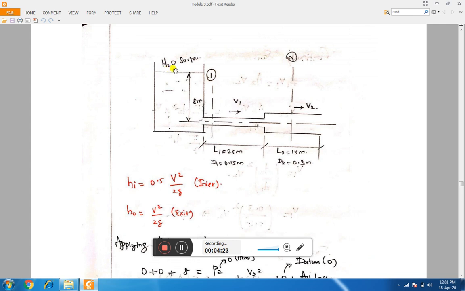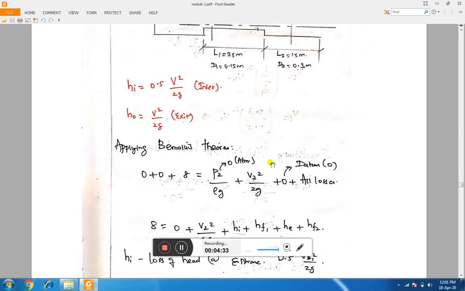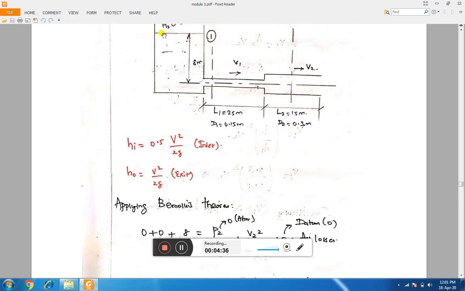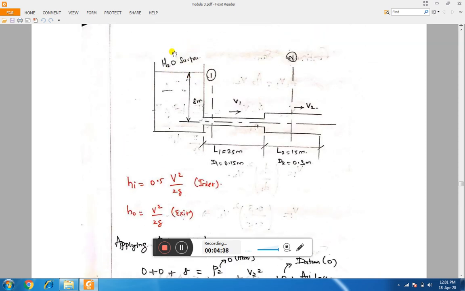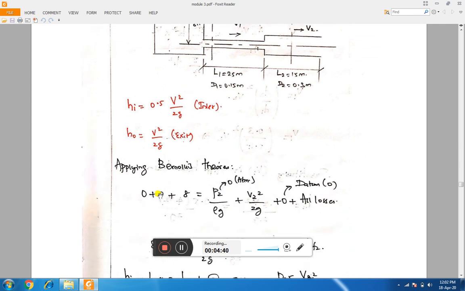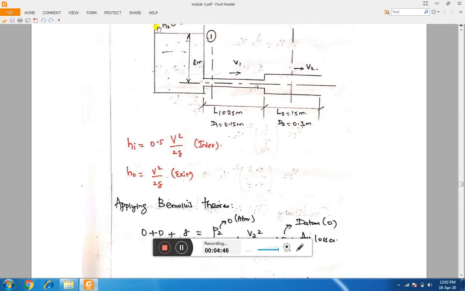So this is section 1, and section 2 is at the exit. We don't have any pressure here, but pressure is there, it is atmospheric pressure, so we are taking it as 0. So P1 by rho g is 0. V1 square by 2g is also 0 because there is no velocity at section 1.